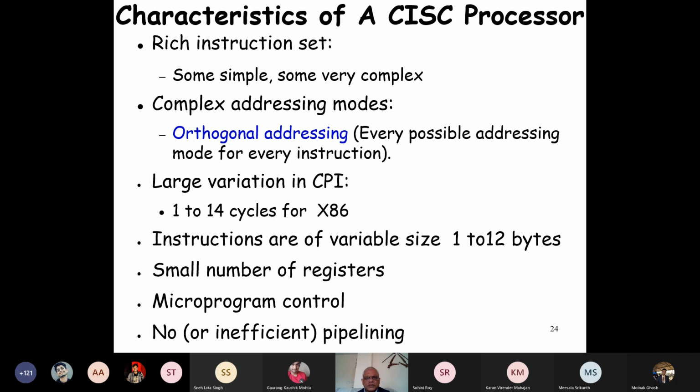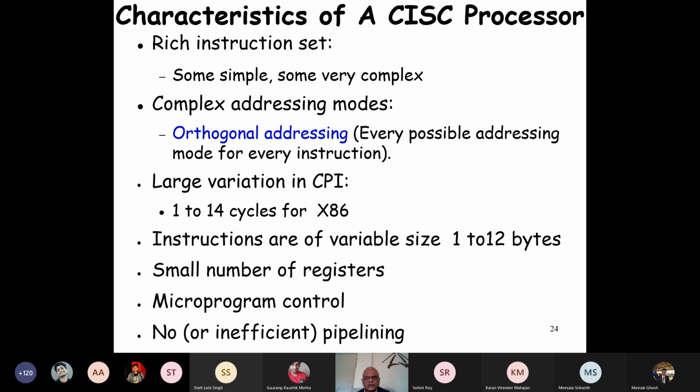For example, in VAX you could do string manipulation to check whether one string is a substring of another string, or compare 2 strings to see if they're equal, etc. Those were possible in the VAX computer. So those were complex instructions. Some were very simple, like just addition of 2 integers. And also the addressing modes supported were many. I was saying some 2-3 dozens of addressing modes.